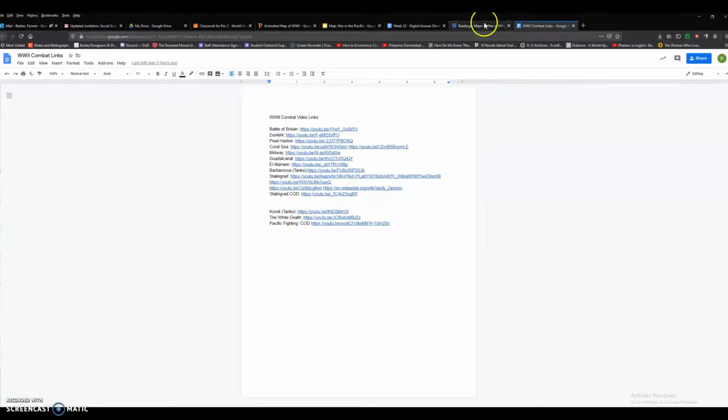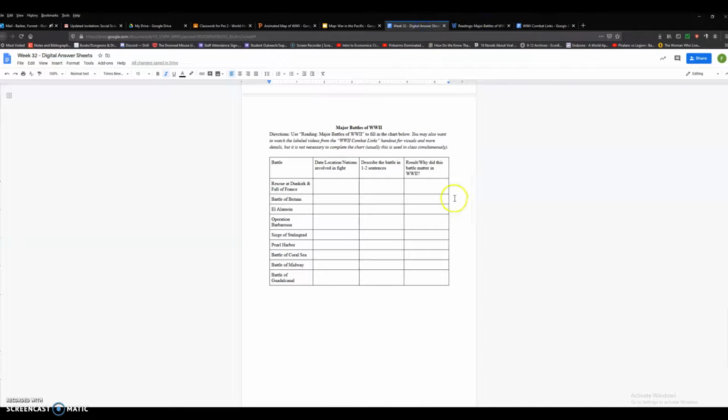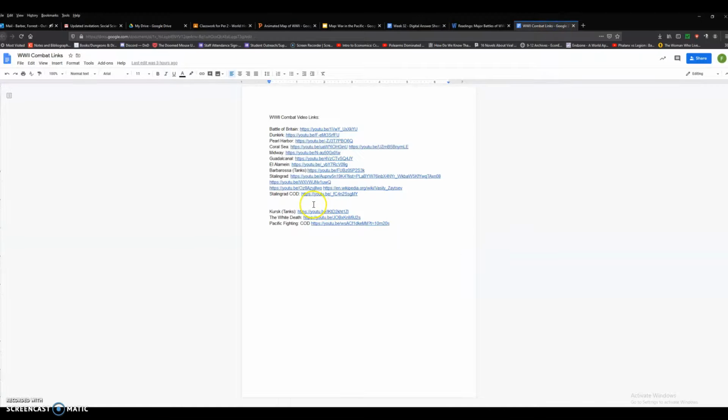And what all of these do is they give you some nice visual explanations or details about what these battles would have looked like or how they progressed, what it might have been like for, say, being a soldier there. So, for instance, with Stalingrad, I actually have 3 videos and a link. I have a documentary on the Battle of Stalingrad, also known as the Siege of Stalingrad. Then I have 2 clips from a very excellent World War II movie, called Enemy at the Gates, that does a fantastic visual job of recreating the battle.